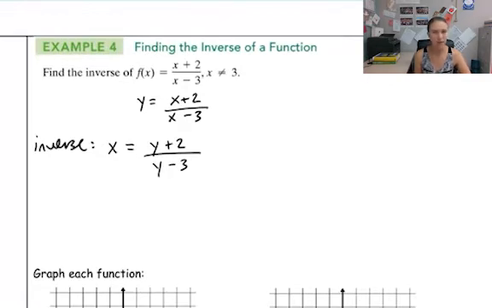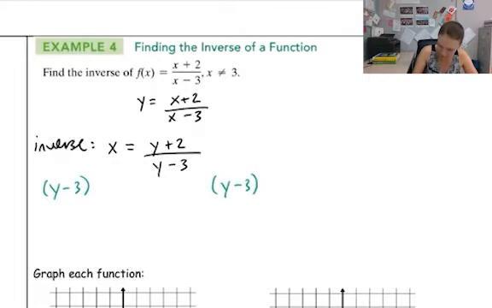The first step, I want to get that denominator out of there. So I'm actually going to multiply both sides of my equation by y minus 3. And I'm trying to rewrite this here, color code it.